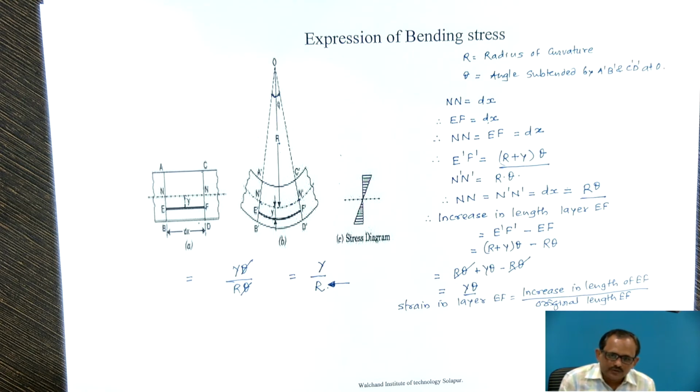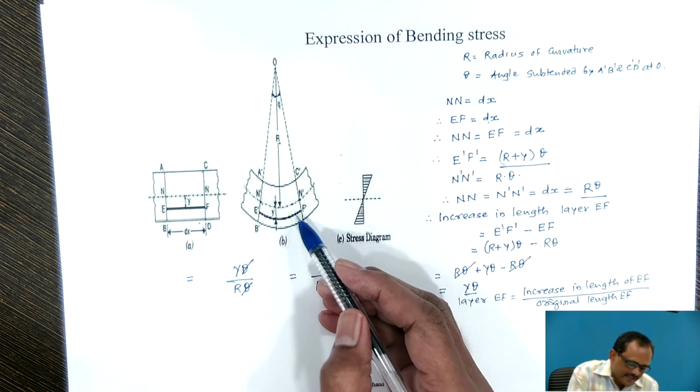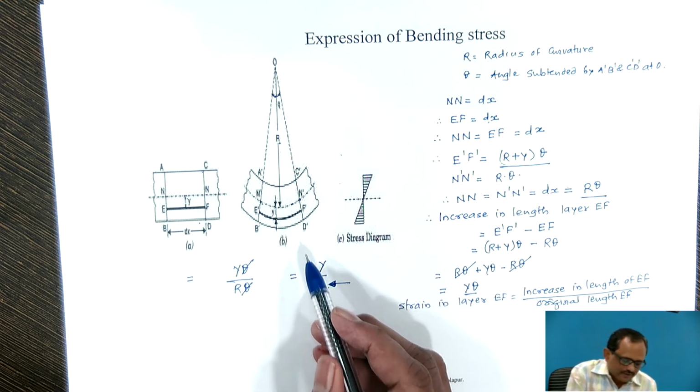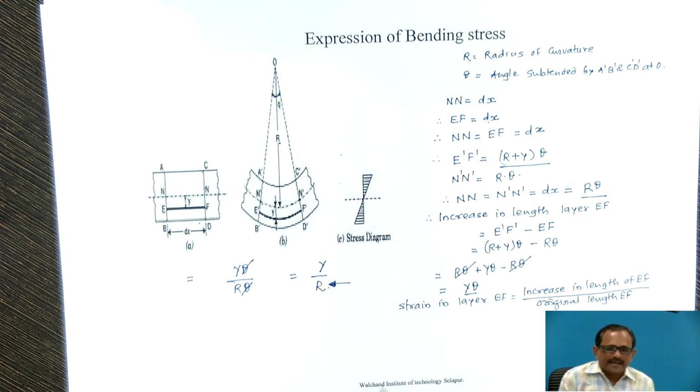Therefore we can say the strain in any layer is directly proportional to the distance of that layer from the neutral axis.